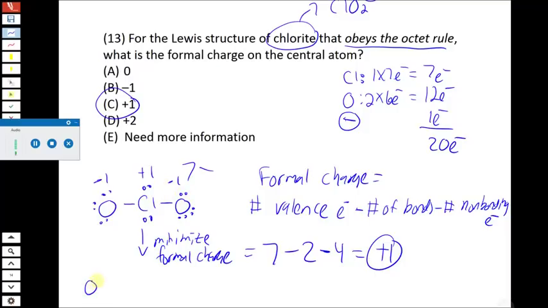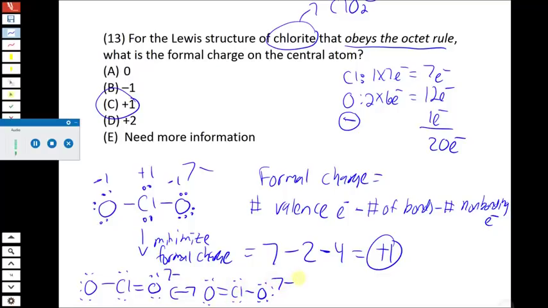So the minimal formal charges for this would look like this. And it would have 2 resonance structures, so we can move the double bond to the other side as well. And that would have the minimal number of formal charges for this molecule.